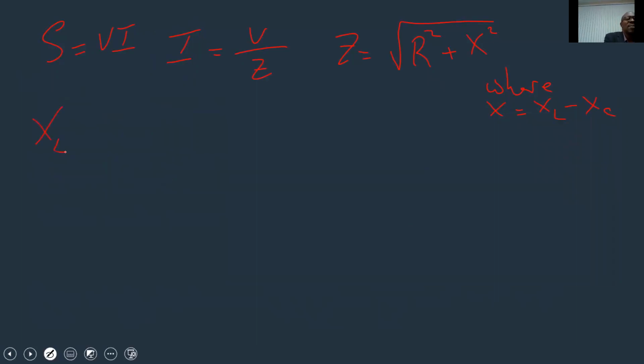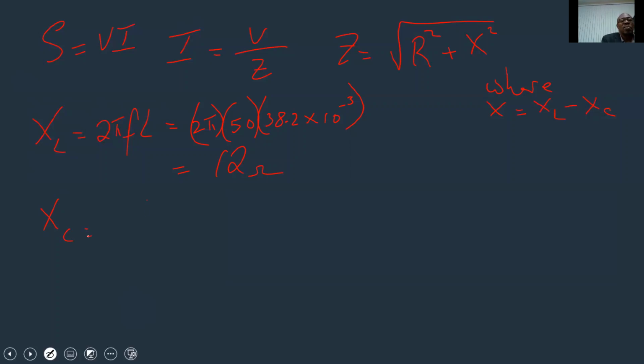XL is equal to 2 pi F times L, so we have 2 pi times 50 times 38.2 times 10 to the minus 3. Let's calculate that. That's 2 times pi times 50 times 38.2, and that gives us 12 ohms.